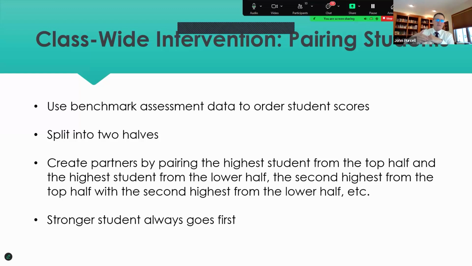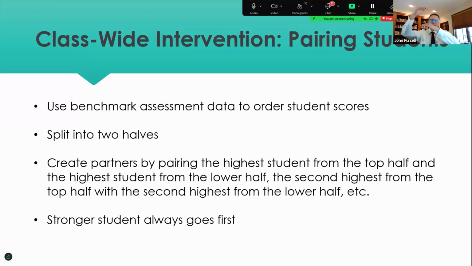I have 1 through 5 and I have 6 through 10. I'm going to create the partners by putting the students together, the highest in each group first. For example, 1 and 6, 2 and 7, 3 and 8. That's how I will pair those students.